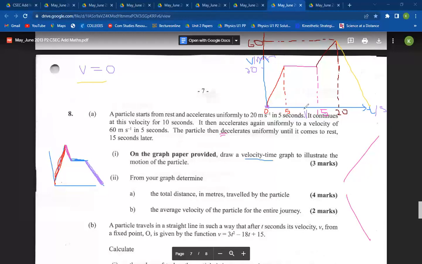So it goes back to the x-axis where my velocity is 0. How long did it take me from this point to this point? They said 15 seconds. So 20 plus 15. This mark here is 35. Everybody good with that?